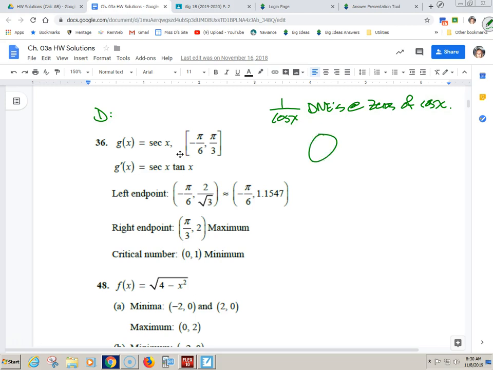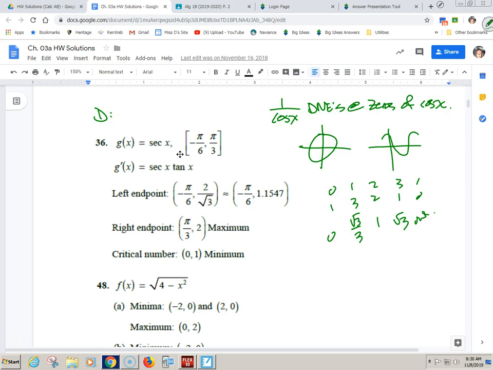Some of you guys are thinking about this. What does cosine look like? Some of you are thinking about 1, 2, 3, 3, 2, 1, all over 2, square root of 3 over 3, 1, square root of 3. That's right.